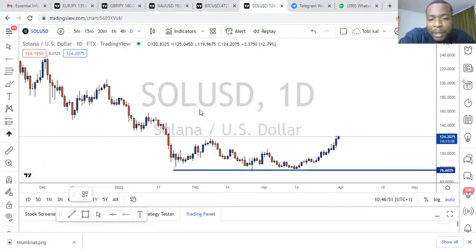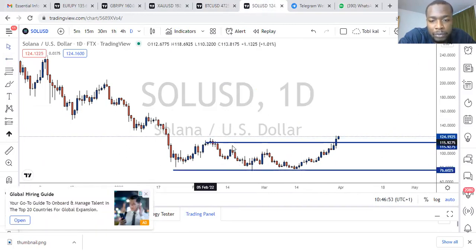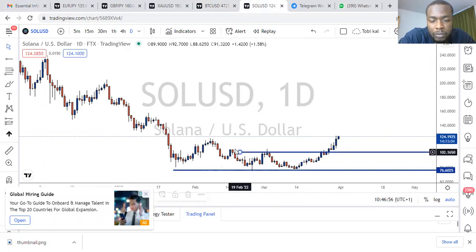Basically, they just all bounced off a support level. Yeah, they copy the BTC chart.